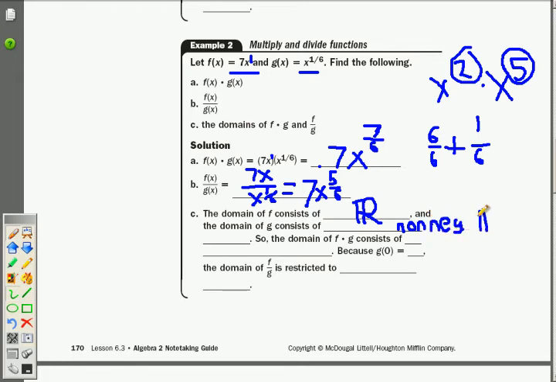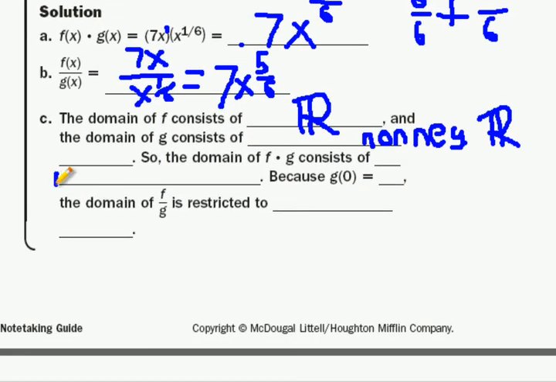Double line, non-negative reals. So the domain of f times g has to be the most constrictive of the two. One's all reals, one's non-negative reals, so it's got to be the non-negative again. Double line, like that. That says reals right there, reals.